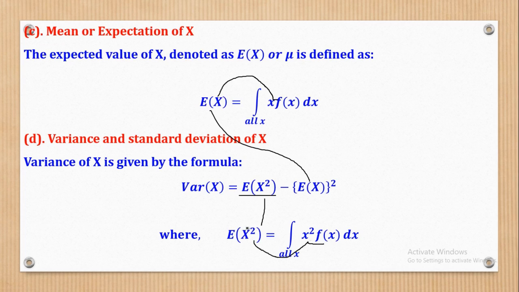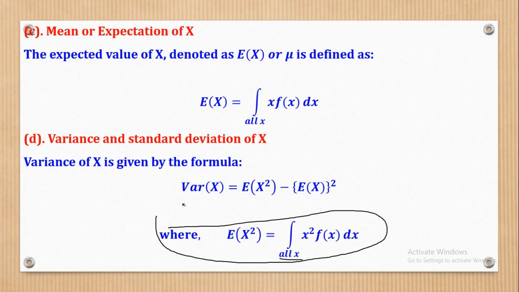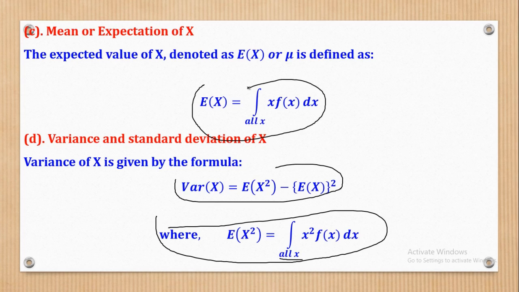I think you realize that this x squared is x squared also here, and this is x, this is x there. So that is a simple way to memorize the formula. So E(x squared) is equal to the integral of x squared f(x) with respect to x over all values of x. We shall see how these two formulas are used, how this is used, and also how this is used.